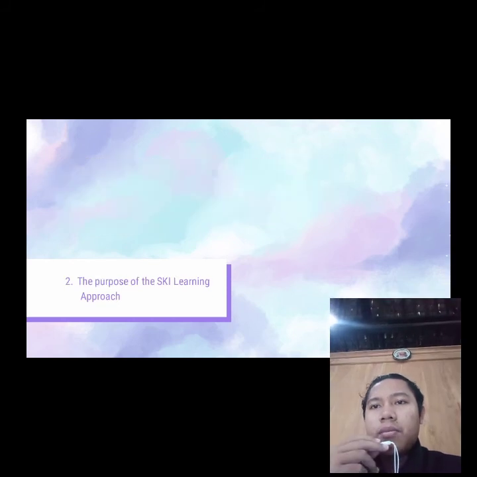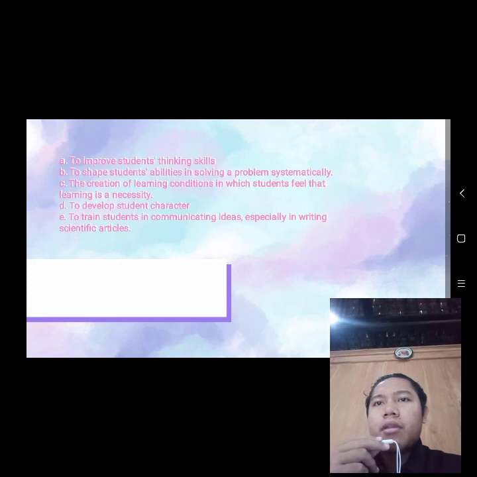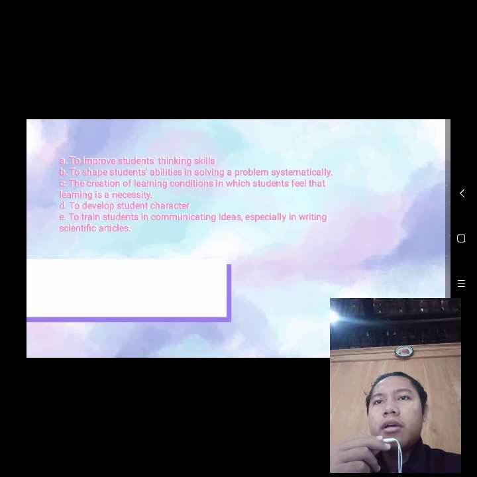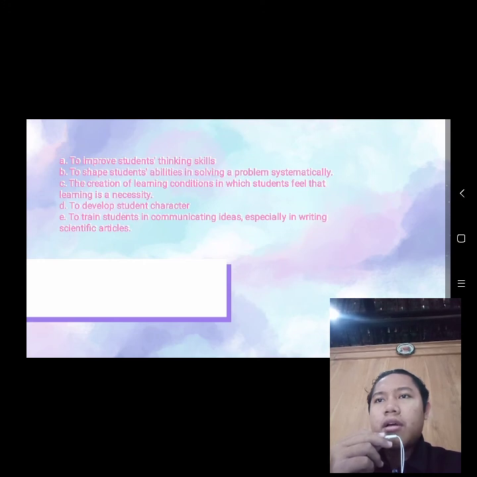Number 2, the purpose of the SKI learning approach. Point 1, to improve student thinking skills. Point 2, to shape student abilities in solving a problem systematically. Point 3.